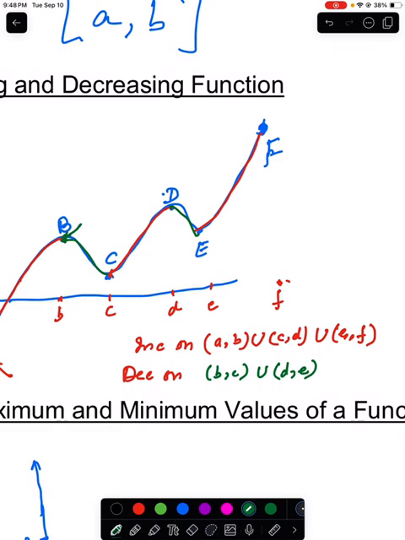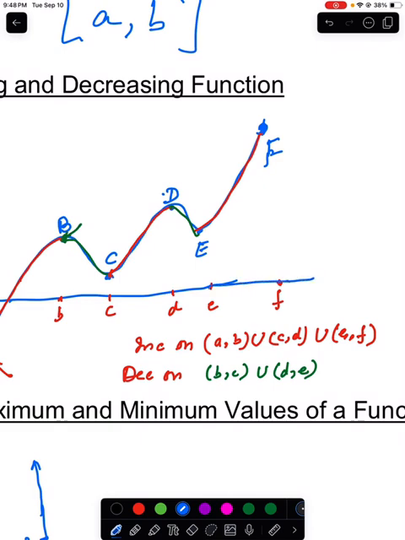So what is happening at B, it is neither increasing nor decreasing. So that's why the little b is not included, in the same way the other points. Anyhow, okay, so now you should be able to see and tell where the function is increasing, where the function is decreasing.